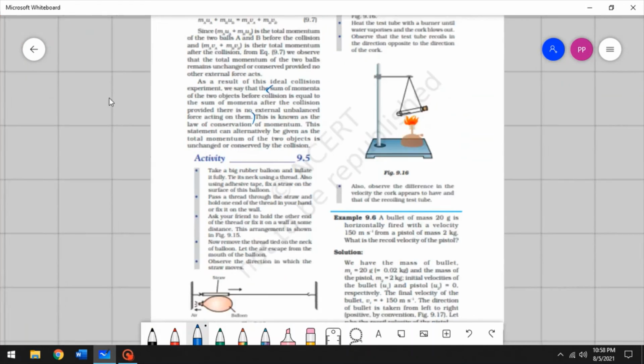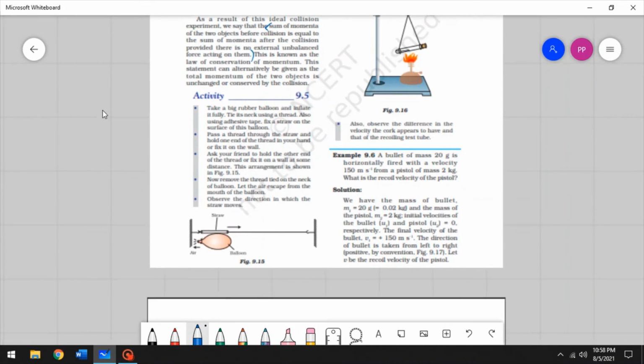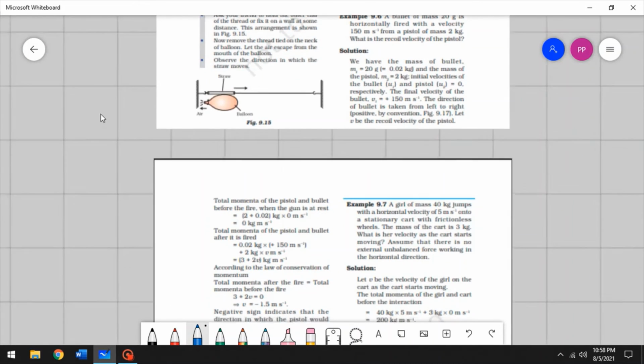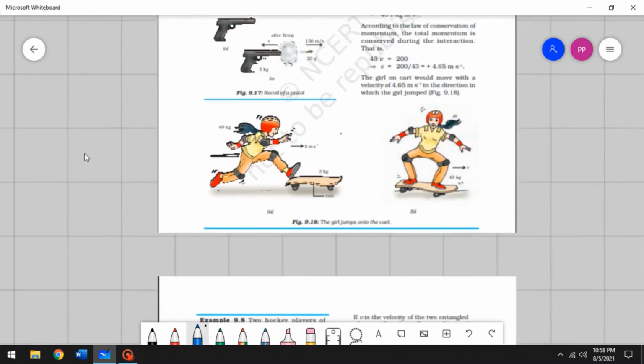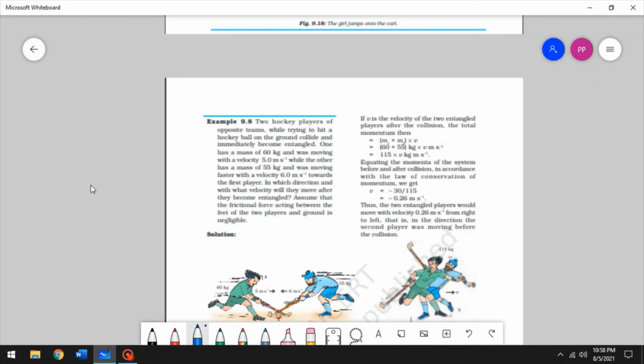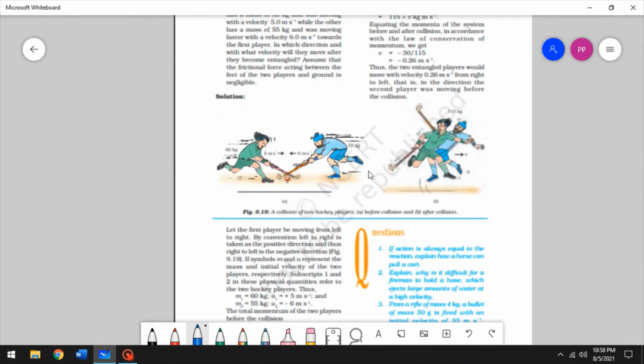Alright. So we have a few more activities here and a few examples. And by examples, I mean they're all numericals. Such questions are very creative, I would say.